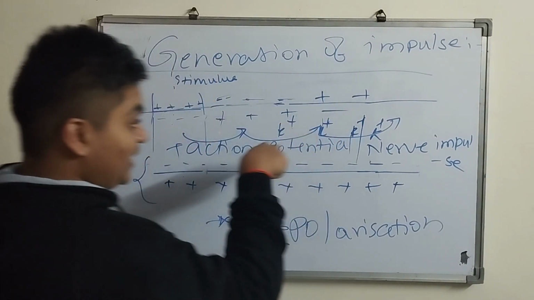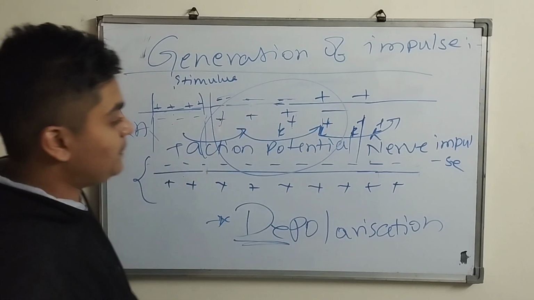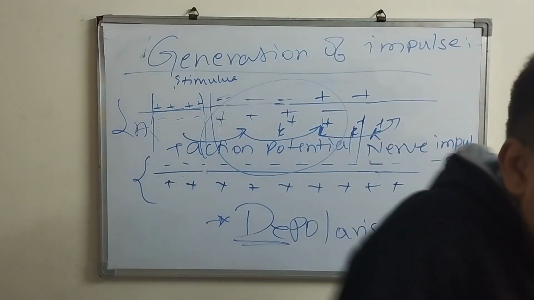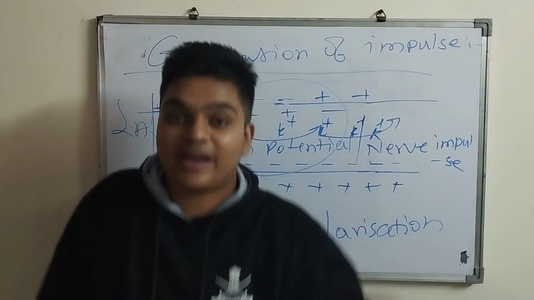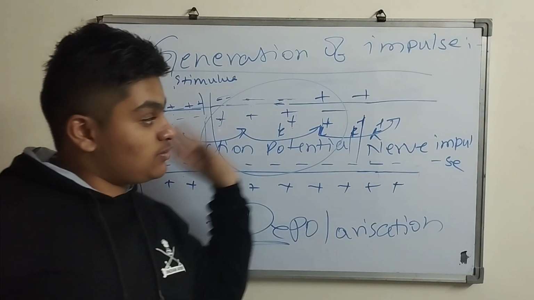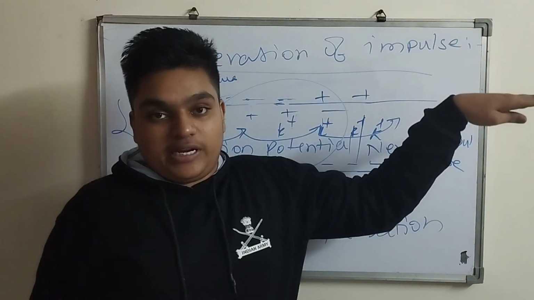No stimulus is applied at this B site, as in your NCERT. This is your A, this is your B, and no stimulus. Even though no stimulus is applied here, it behaves as if the stimulus is applied due to the flow of electrical charges in this direction.